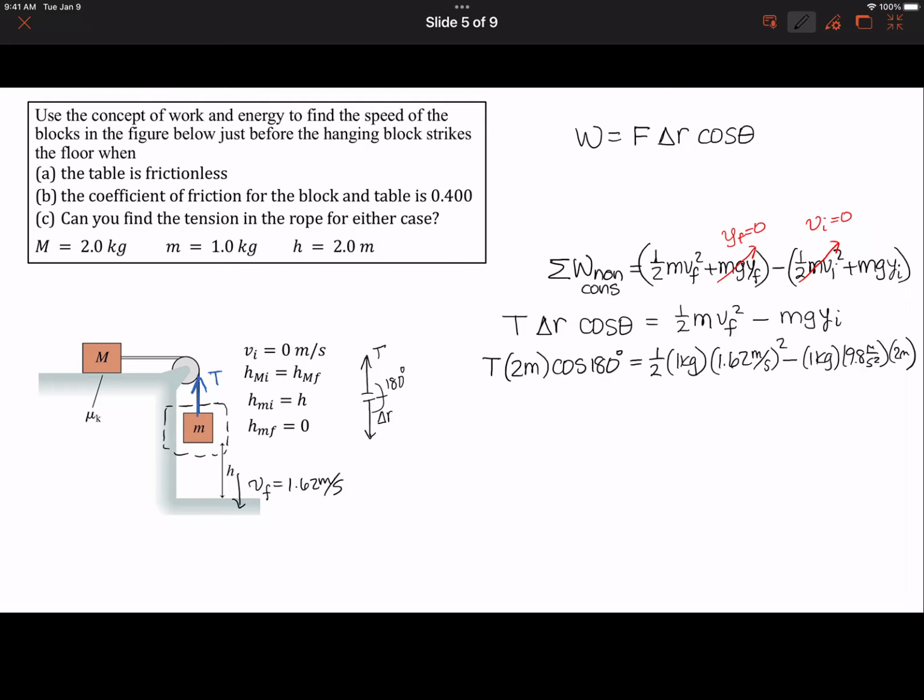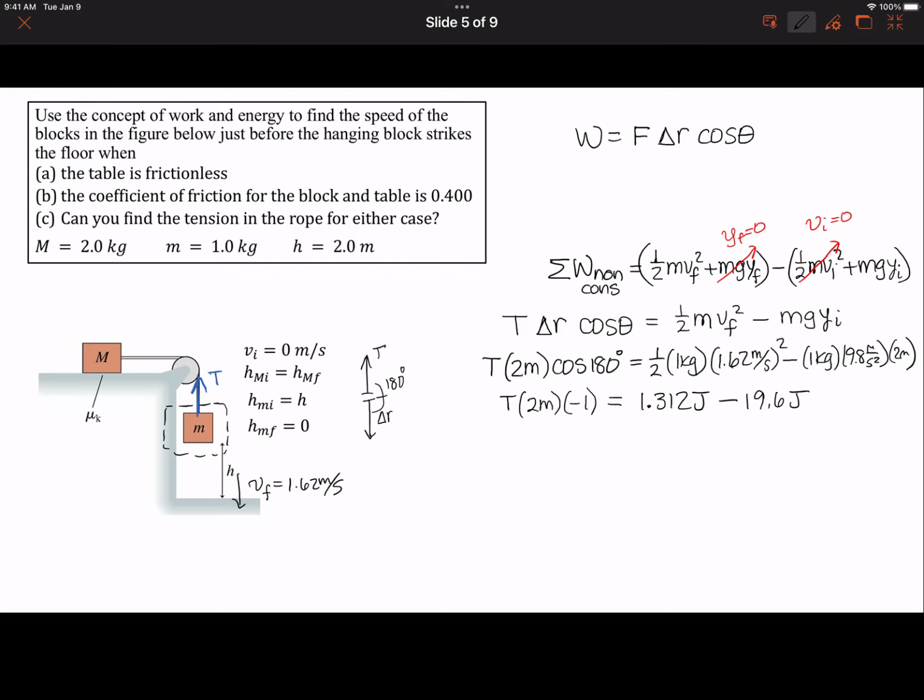So I can do some calculations here. I'm going to get the tension times 2 meters, and cosine of 180 is -1. The kinetic energy term here for the hanging mass right before it hits the ground is 1.32 joules. The potential energy that it has to start with is 19.6.